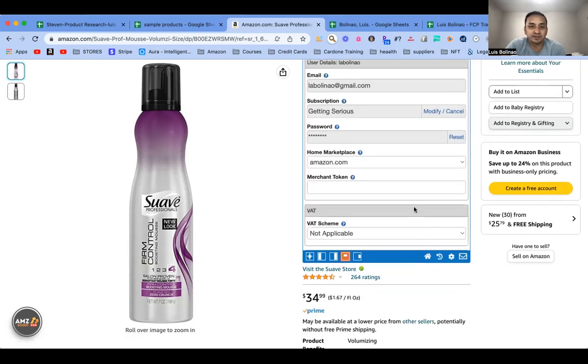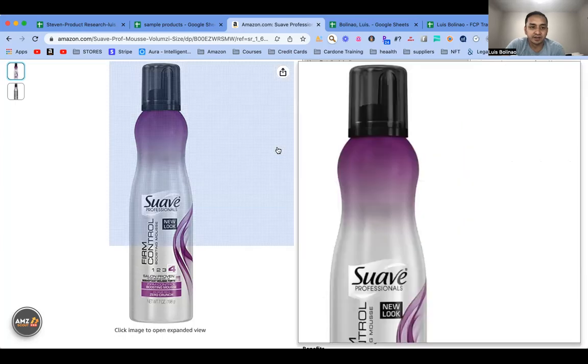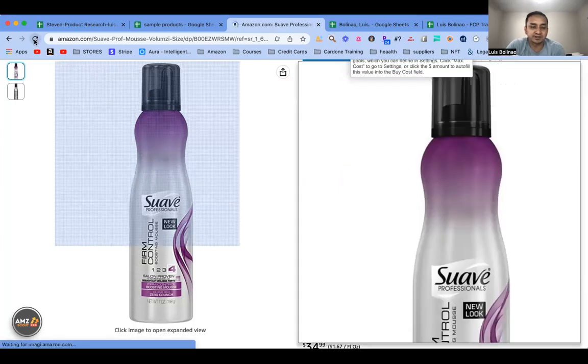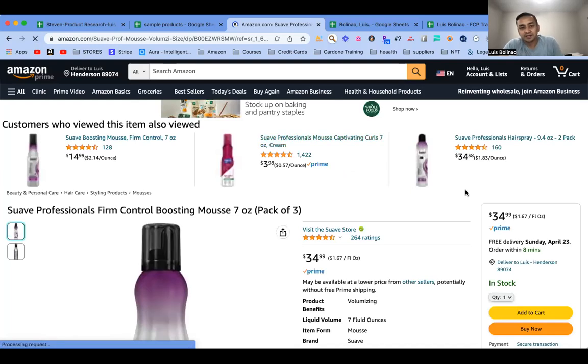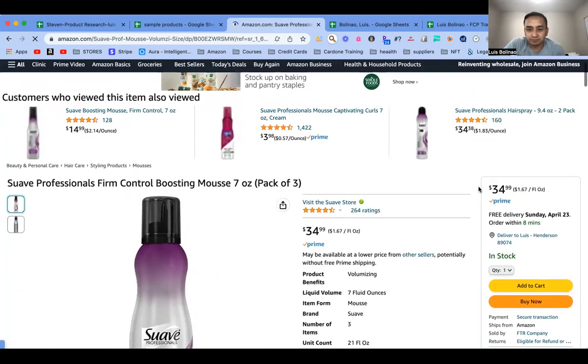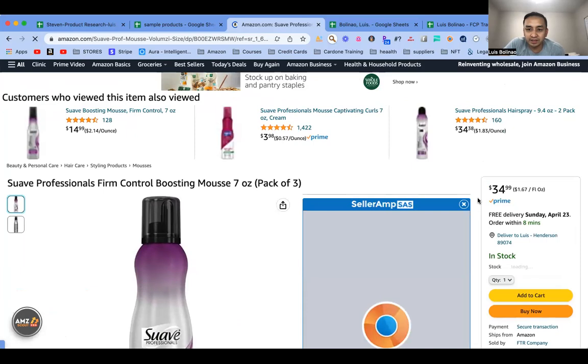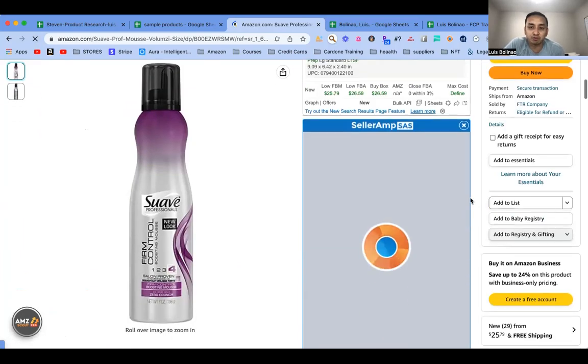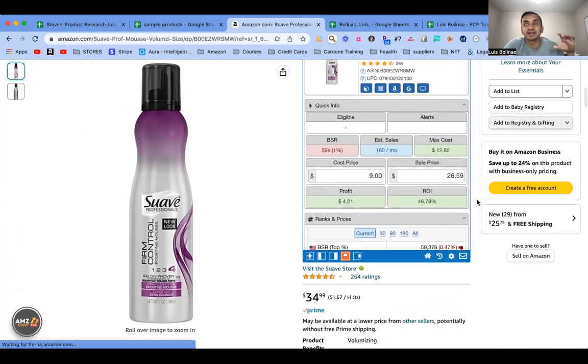So once you do that once, it's just set up forever. And then from here, just refresh. And that's why we use Seller Amp when we do product research, because we're getting an estimated ROI or profit after all the fees.